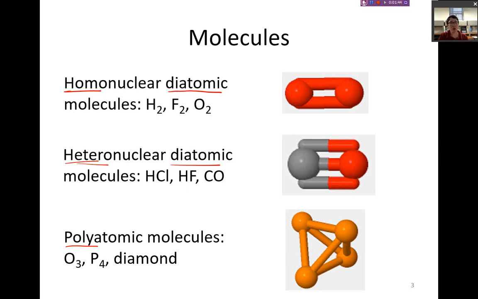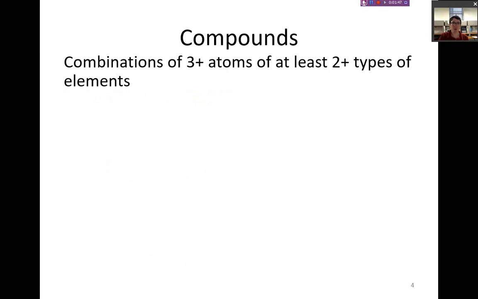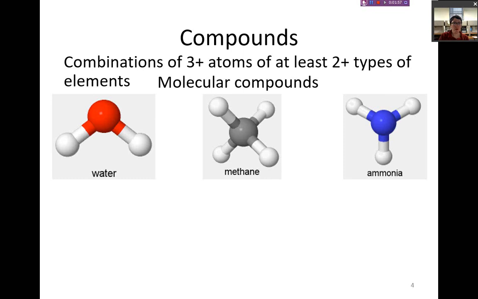And then we can also talk about compounds. Compounds are where we have three or more atoms, and there's at least two different types of atoms. So, for example, we could talk about molecular compounds, including water, methane, or ammonia. These are compounds because in each case, there's at least three atoms.